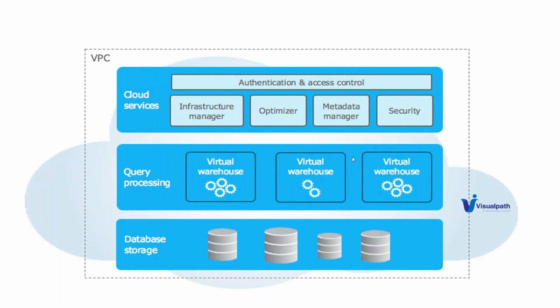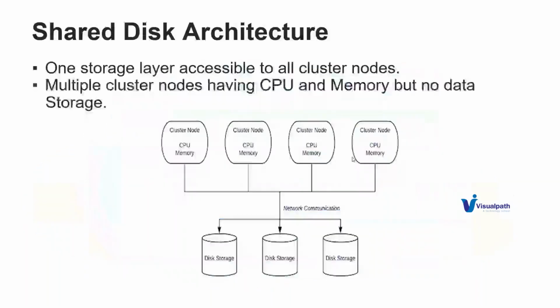Modes are there. We need to discuss, when you are creating a virtual warehouse, which is nothing but setting up the compute resources, what your work area requirement is and what type of requirement there is. So we will create virtual warehouses in this query processing layer.